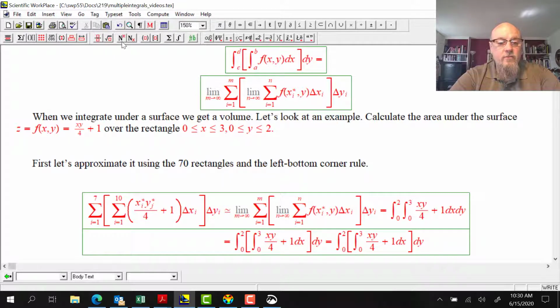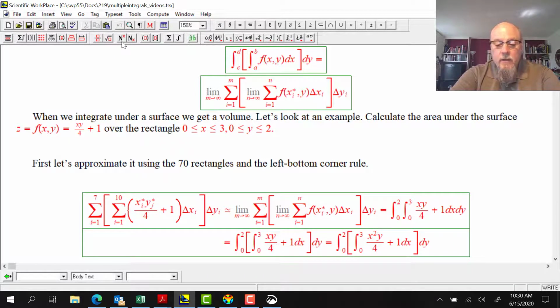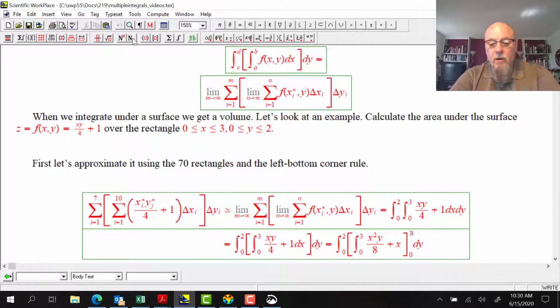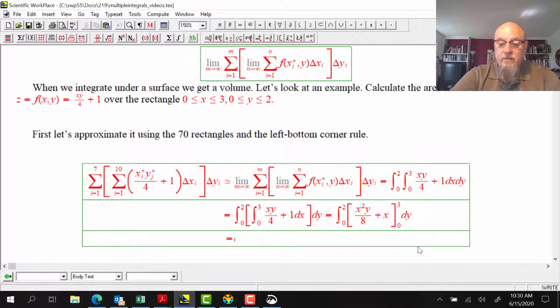This is just going to be straight: add 1 to the exponent, divide by what's up top. This 1 becomes a 1x because I'm integrating with respect to x. So there I've integrated with respect to x, and now I'm going to sub in the top minus sub in the bottom, still inside that square bracketed piece.